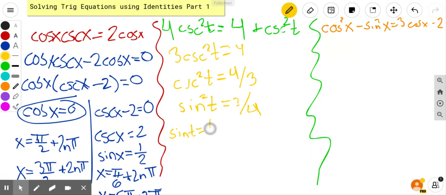So it should be plus or minus the square root of 3/4, which means I'm looking for plus or minus the square root of 3 divided by 2.